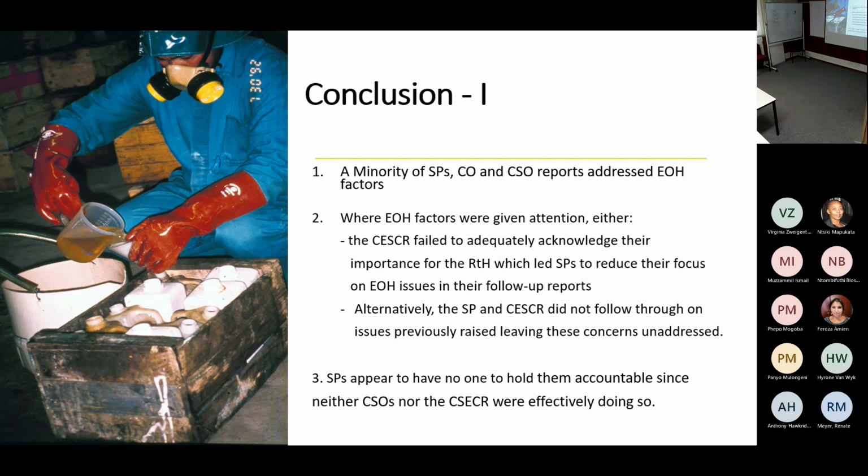That's where we could see that the state parties would have no one to hold them accountable, because civil society organizations were supposed to act as watchdogs to see if state parties are actually meeting all the conditions, meaning the healthcare-related conditions and the determinants of health. But civil society organizations also could not effectively hold the state parties accountable for not adequately addressing all the conditions that are required for the right to health.